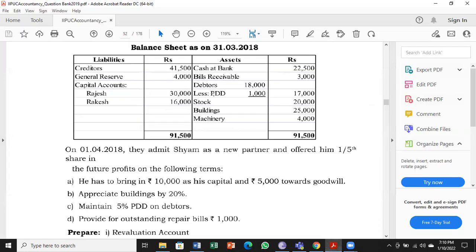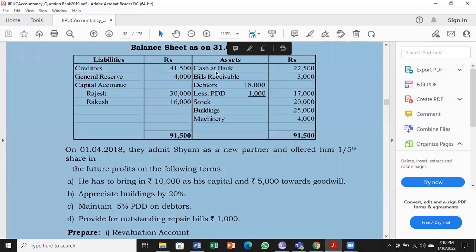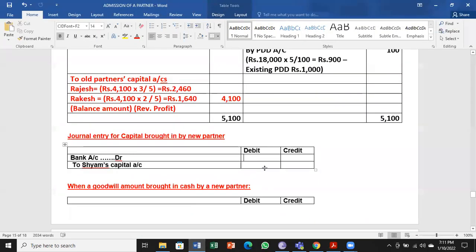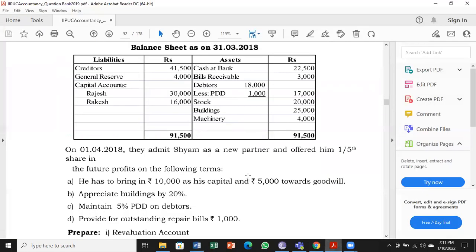Why bank account? Please look at this. Cash at bank is given 22,500. So we have to open a bank account. So there he is getting 10,000 rupees as capital. Then he's also getting rupees 5,000 towards goodwill.